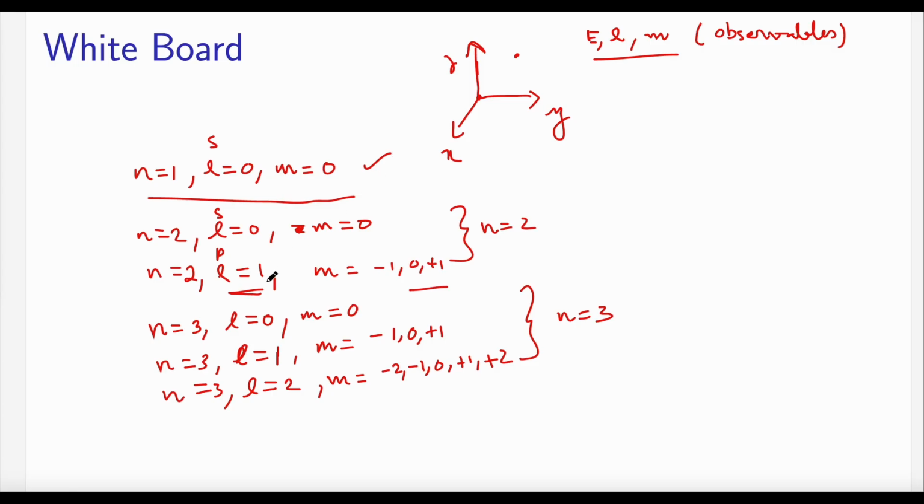Right? So for n is equal to 2, how many states are there? So this is one state, this is one, and here we have 1, 2, 3, right? So 3 plus 1, so there are 4 quantum states for n is equal to 2. For n is equal to 1, how many quantum states are there? Only one.